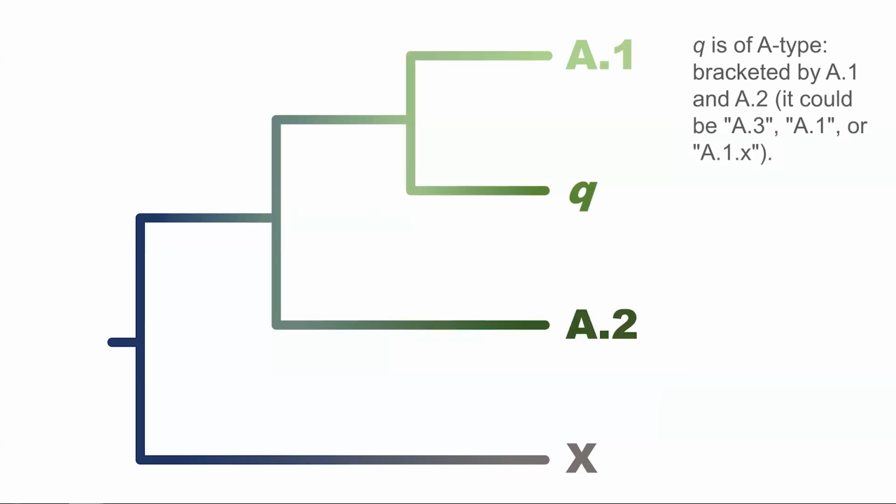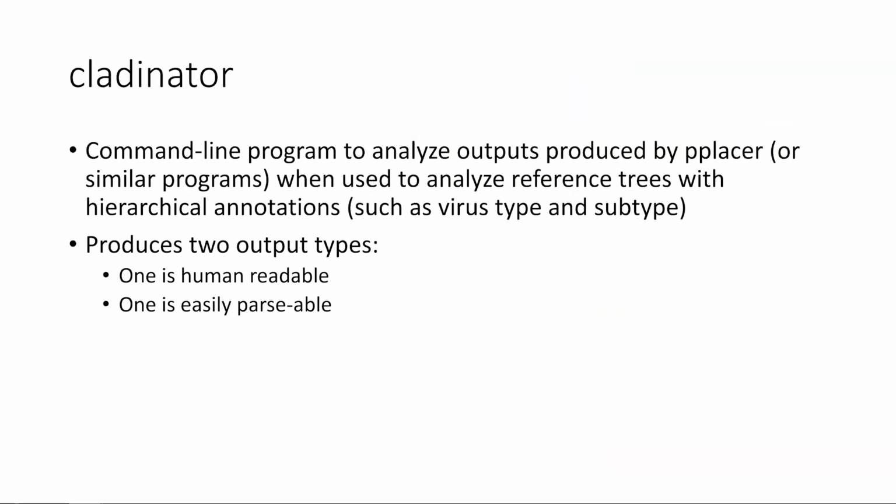And then we have the case where our query falls between A.1 and A.2, which means we can be sure it's A, but again, we don't know. It could be A.3, or it could be A.1.1, or A.1.x. So that's another situation.